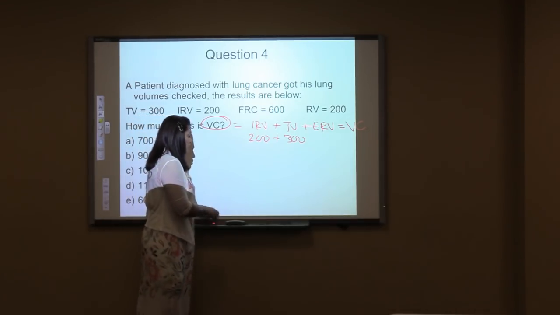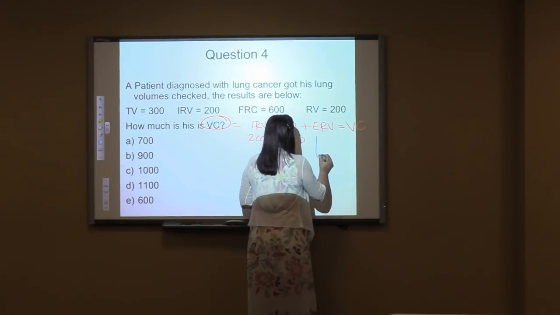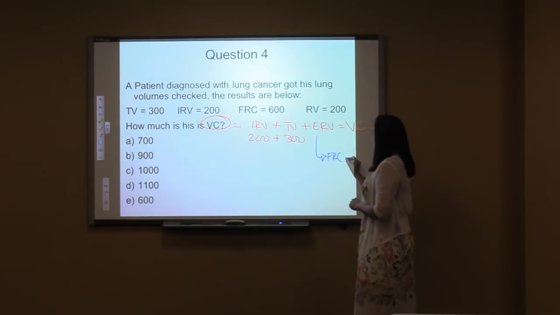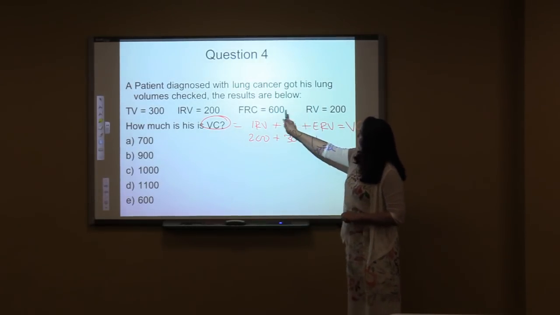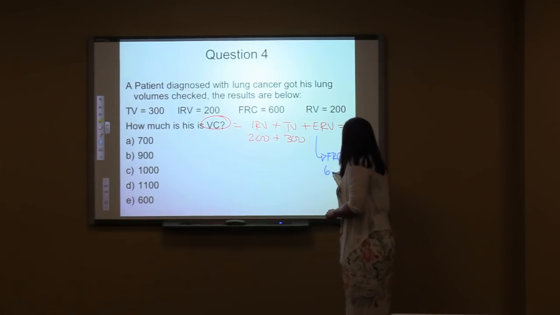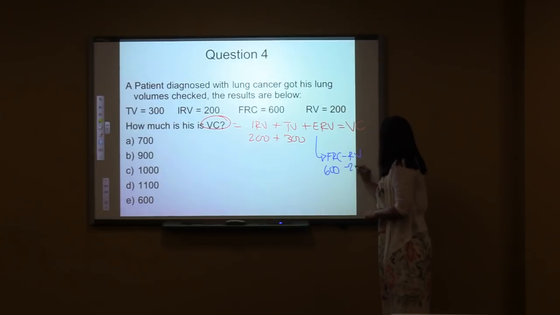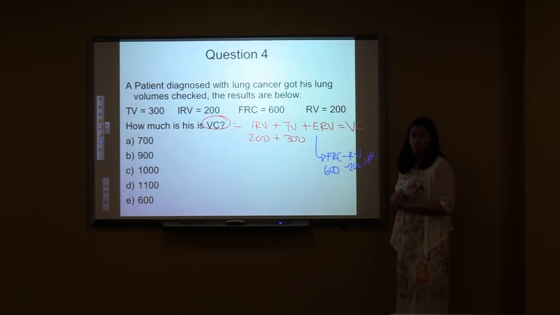So what is the equation for ERV? ERV is FRC minus RV. We have these values. FRC is 600. RV is 200, which gives you 400.